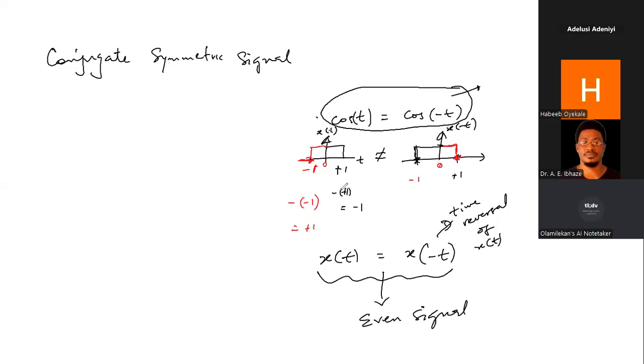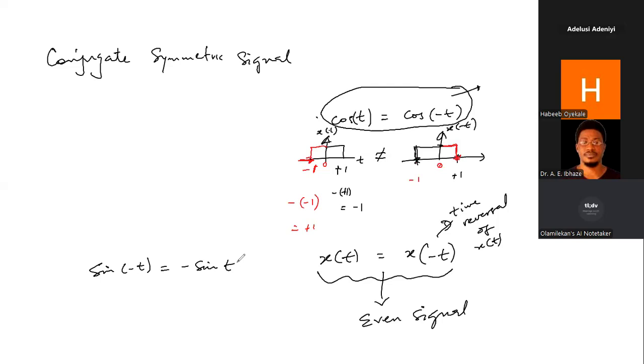Yeah, this does not call for the flipping of the amplitude. But the odd signal demands that the amplitude flips. Yes, sir, thank you. Sine minus t gives us minus sine t. Is that okay, Adelusi?